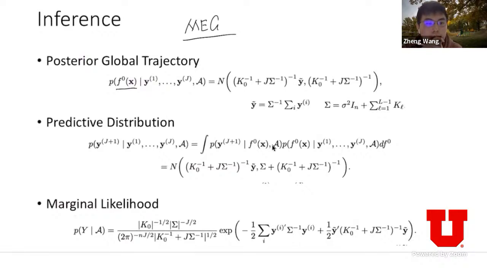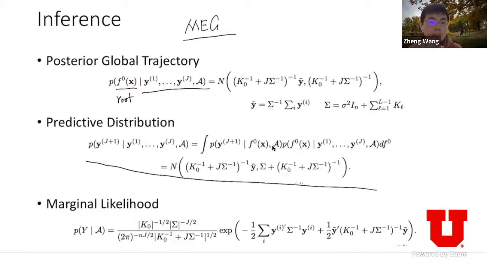Here they want to find the underlying root node function patterns by using the observations and partitions. Here it's just a conditional normal distribution, and they also give the predictive distribution. These are all analytical given the partition.